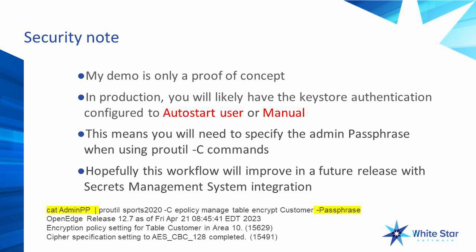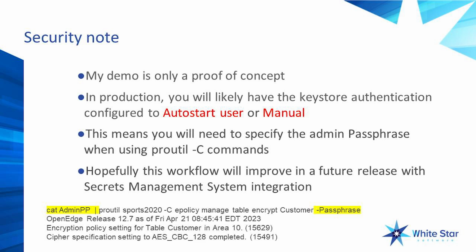So what you can do is pass the passphrase through standard in to the command, for example, with a pipeline. So that could be catting a file, or that could be, if it's in a shell script, echoing the value of a variable.